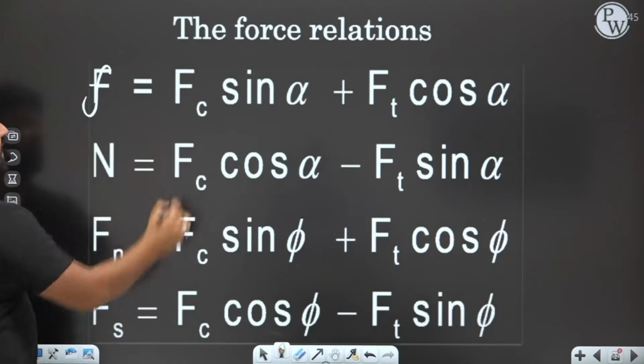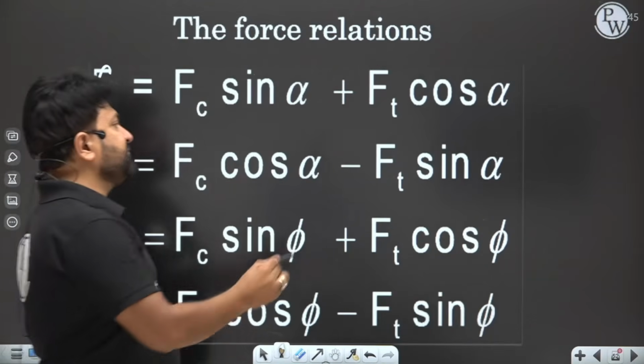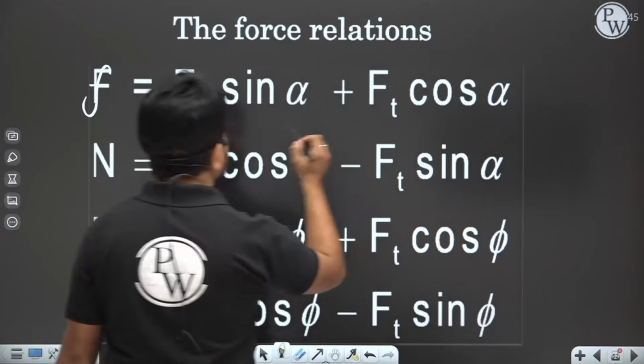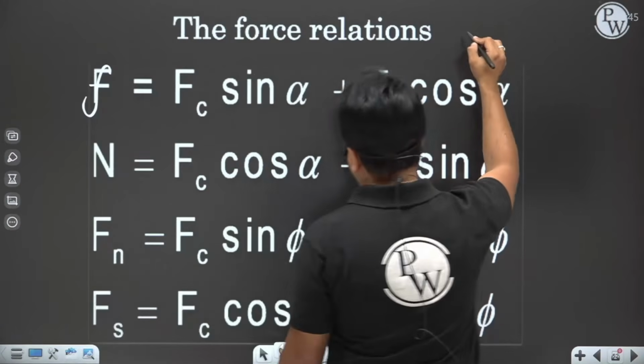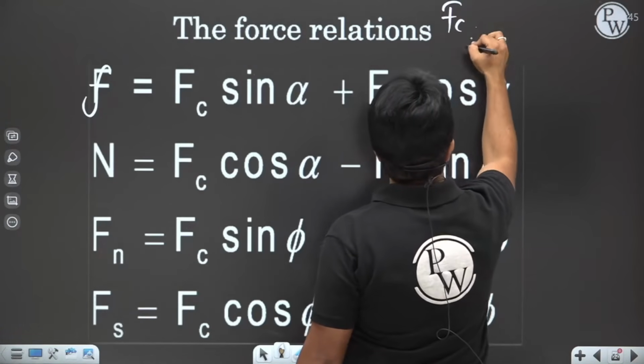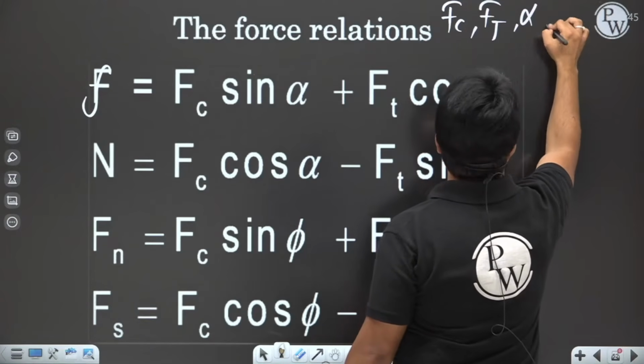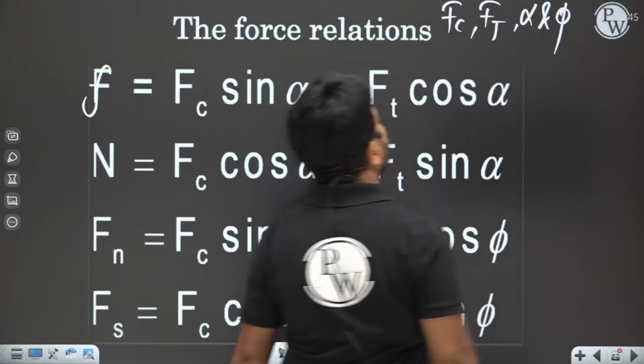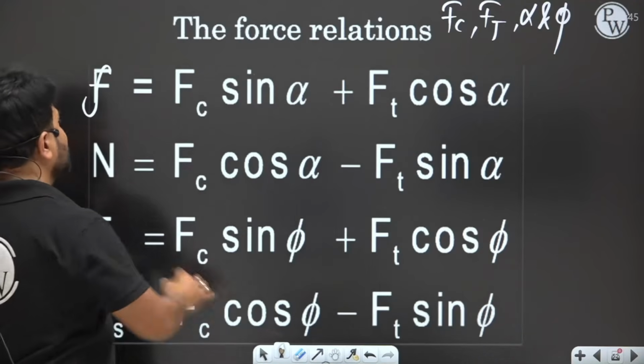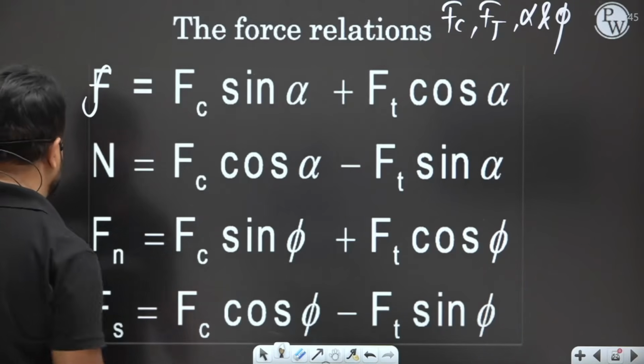What is the friction? Fc sin alpha plus Ft cos alpha. Here you know the value of Fc, Ft, alpha and phi. If you know these four values, then you can find the friction, normal, Fn and Fs.